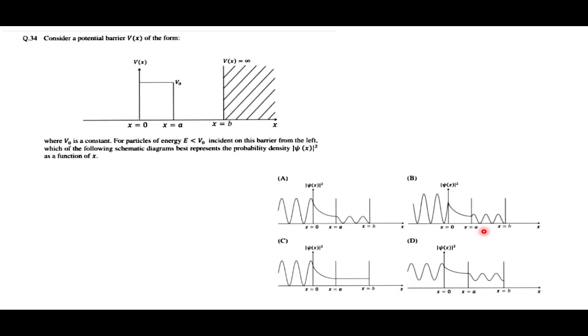It is discontinuous at x equal to 0. Exactly, so B is also not possible. I didn't expect he would tell B; I expected he would tell C and D. By that logic B is also not possible. C is also not possible, and D is also not possible. Can you please tell me why?